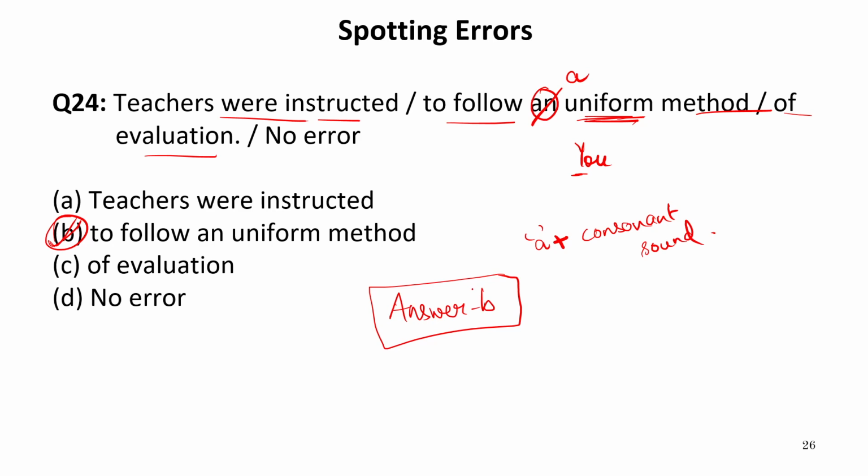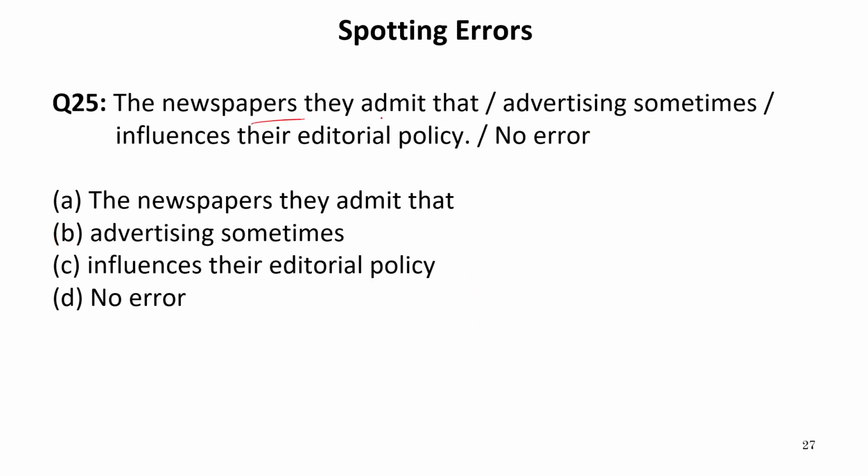Now let us move to the next one. The newspapers, they admit that advertising sometimes influences their editorial policy. Now, if we read this sentence carefully, in this first part, the newspapers is a noun and they is a pronoun.